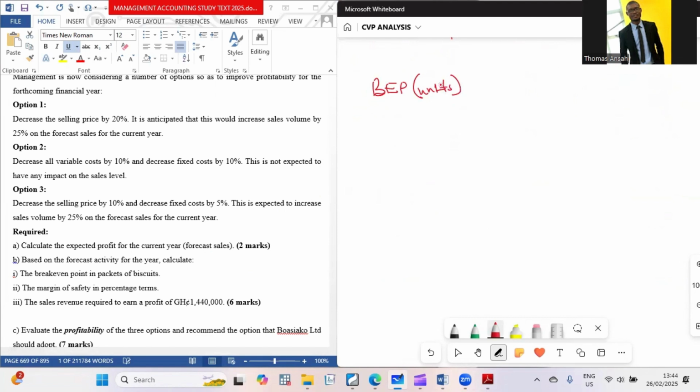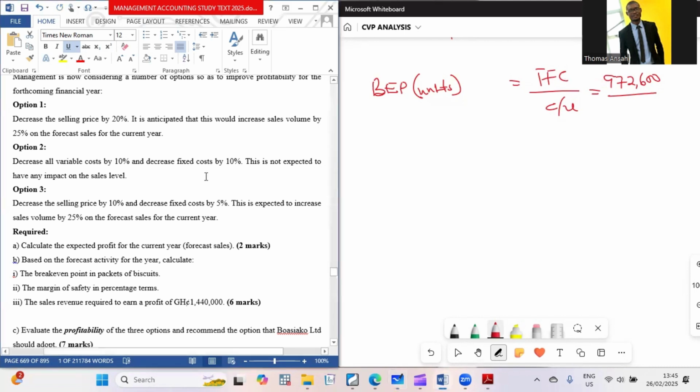That's the first one. The formula is clear. It's total fixed cost divided by contribution per unit. With the fixed cost, you see, it didn't change. It was 972,600.